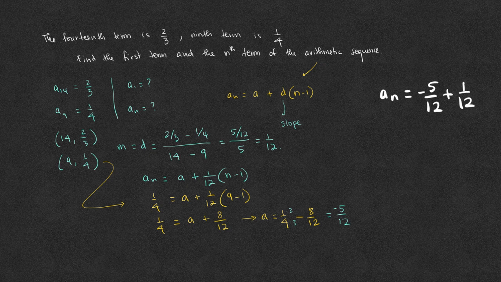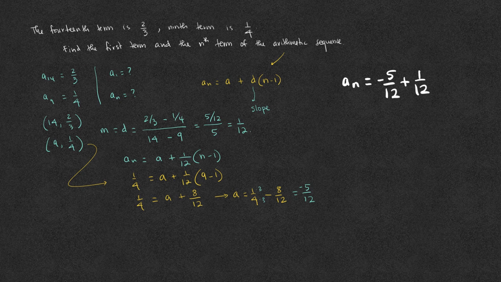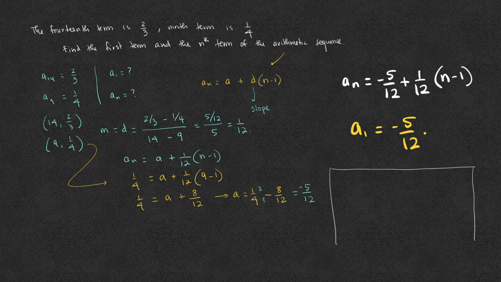Again, in the arithmetic sequence, the n minus 1 factor is part of it. This is the n terms of the arithmetic sequence. And the first term, a sub 1, we also found it, negative 5 over 12. We're done with this problem. We found the first term and the n term formula.